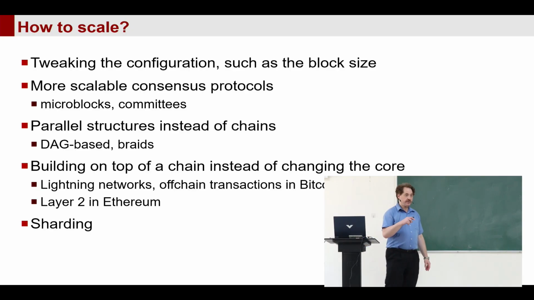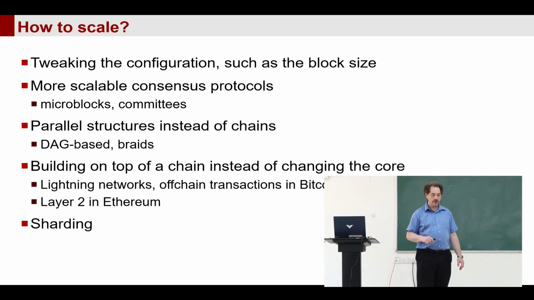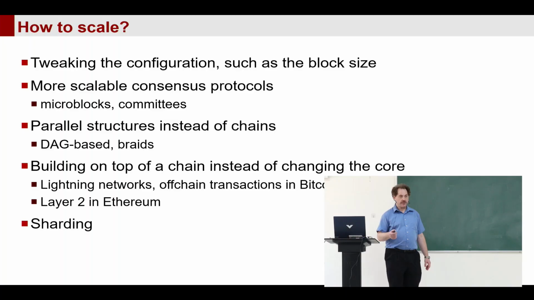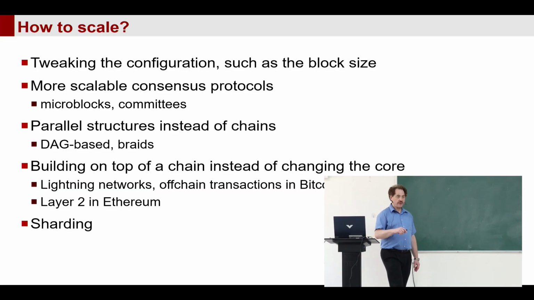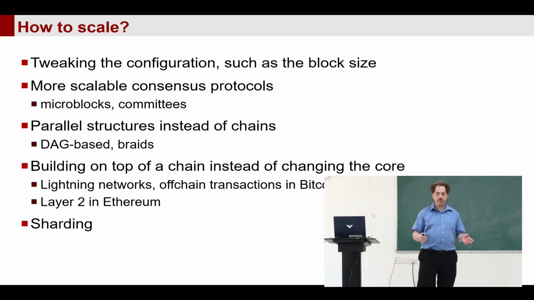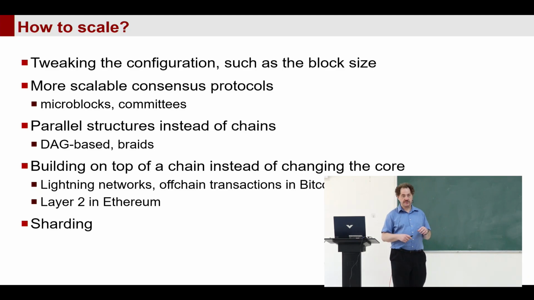In Bitcoin NG, which we'll see in the third lecture today, they're using microblocks instead of blocks. In Algorand and quite a few other cryptocurrencies, they're using committees. So instead of consensus being run by all the nodes, nodes select the committee representatives, and the consensus is only run by the representatives.